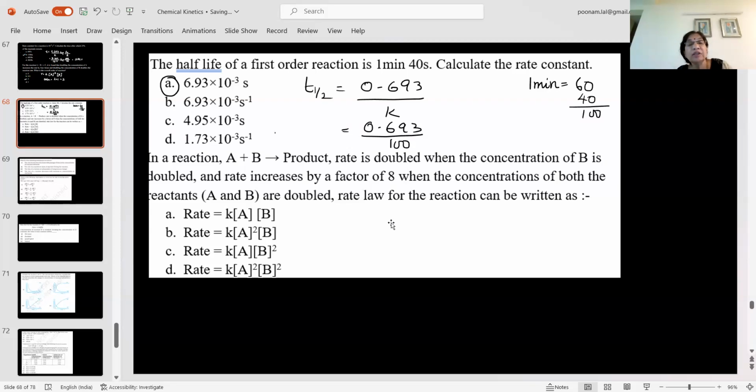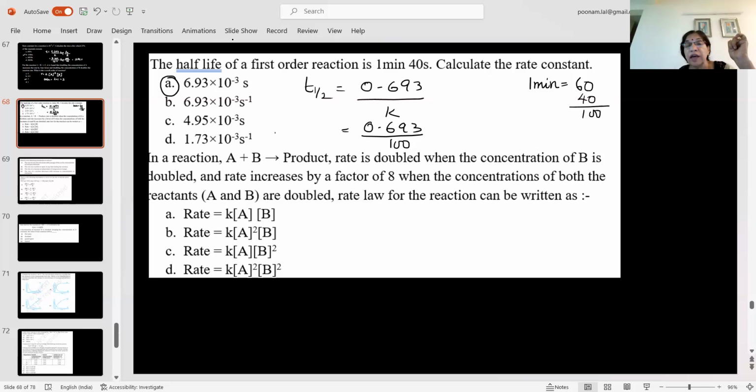Then the next question: in a reaction A plus B giving products, the rate is doubled when the concentration of B is doubled, and the rate increases by a factor of 8 when the concentration of both the reactants A and B are doubled.